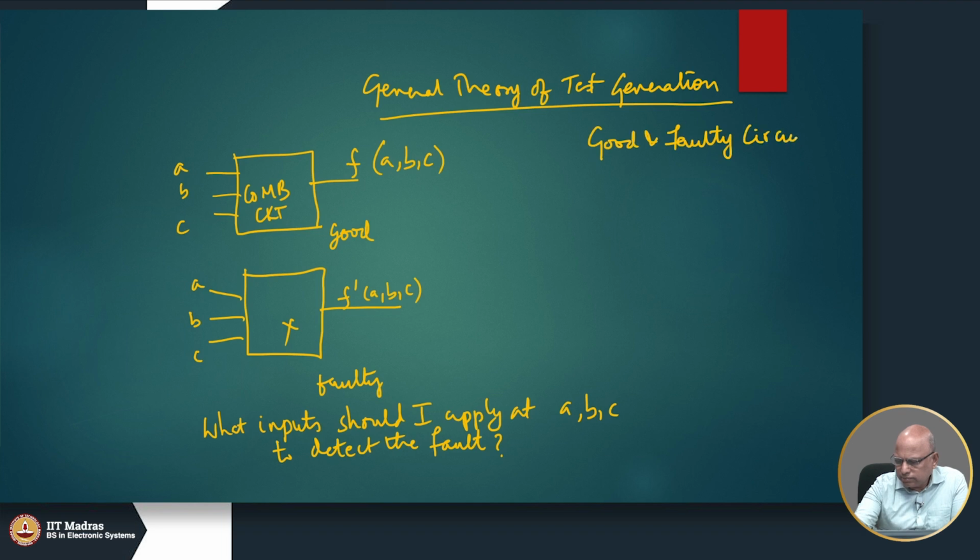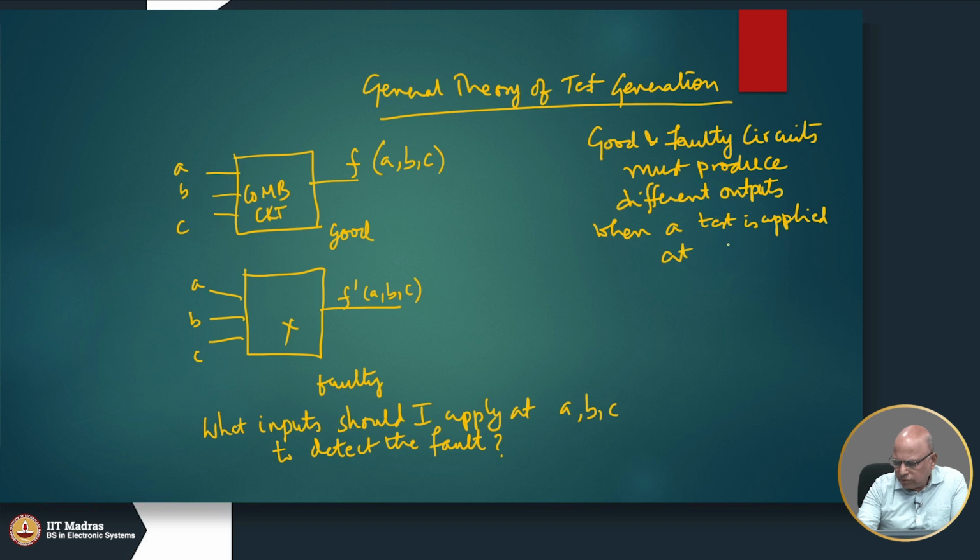So, the good and faulty circuits must produce different outputs. Okay. When a test is applied at ABC. Okay.